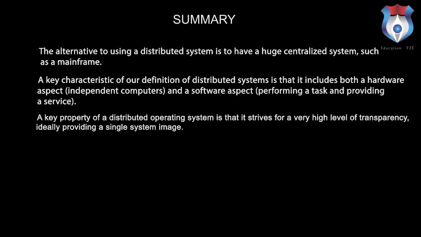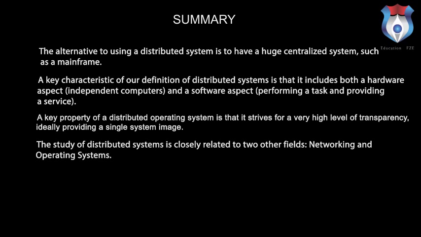A key property of a distributed operating system is that it strives for a very high level of transparency, ideally providing a single system image. The study of distributed systems is closely related to two other fields, networking and operating systems.